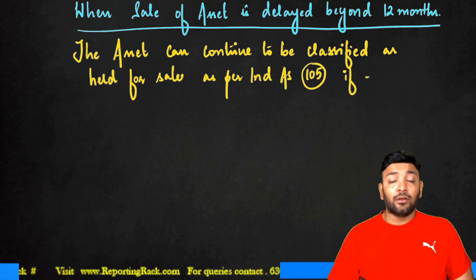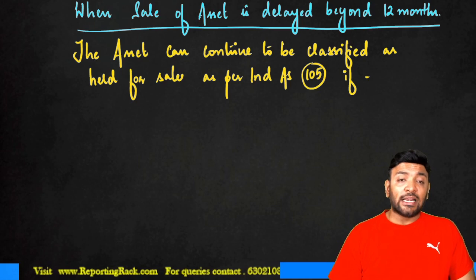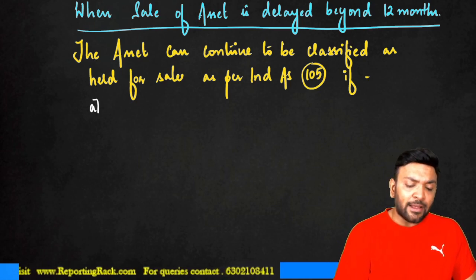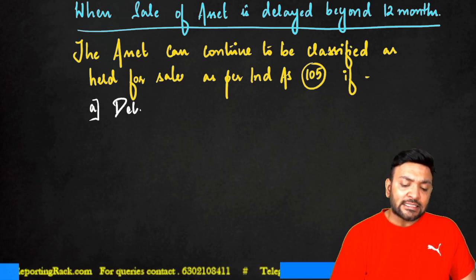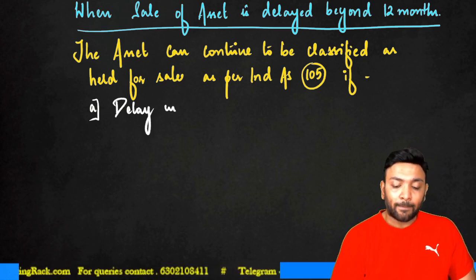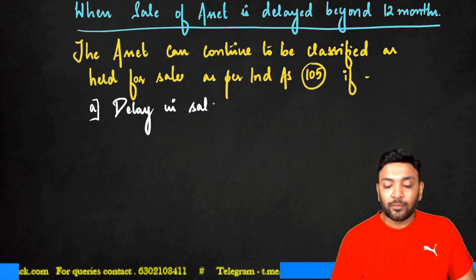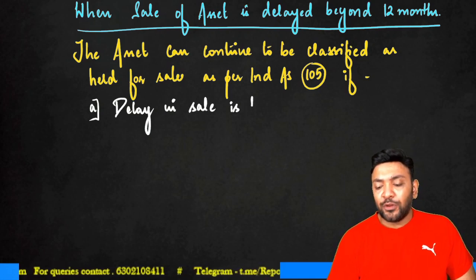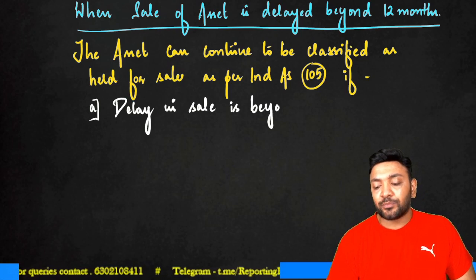If, first one, what are the two criteria? First criteria, if the delay in sale is beyond the control of the enterprise.